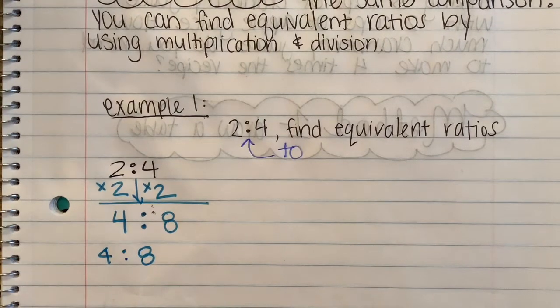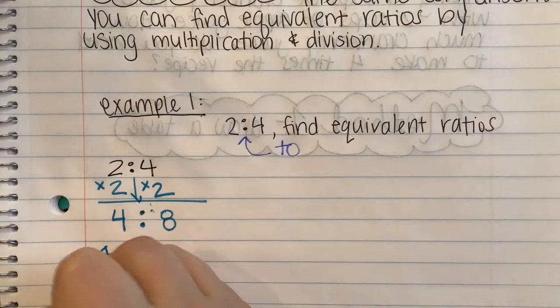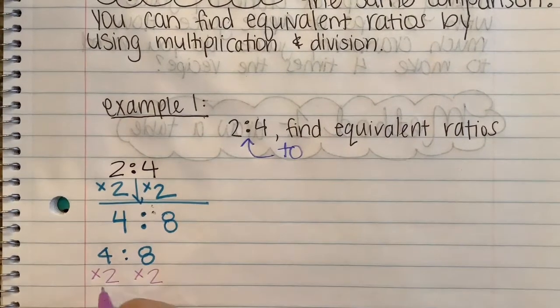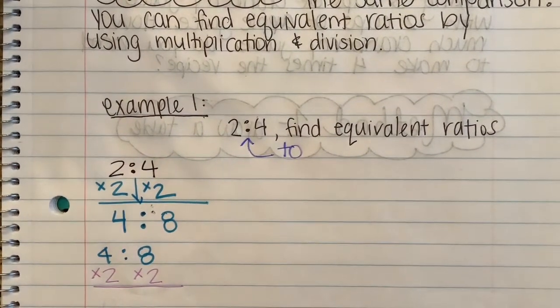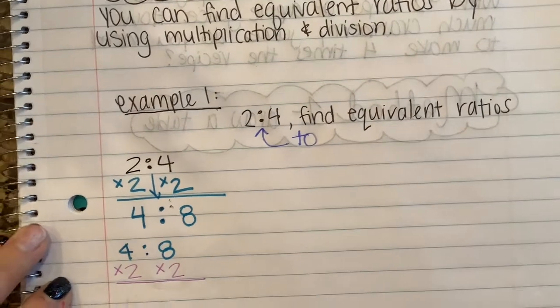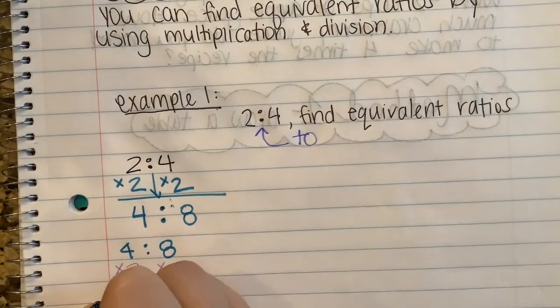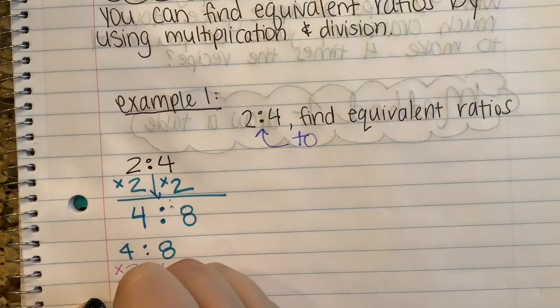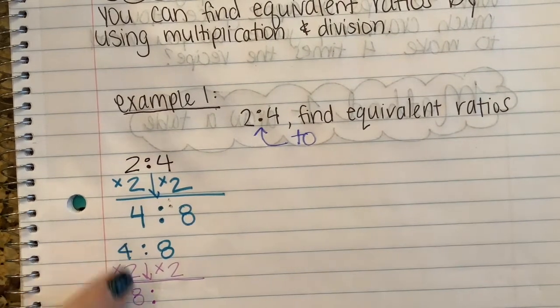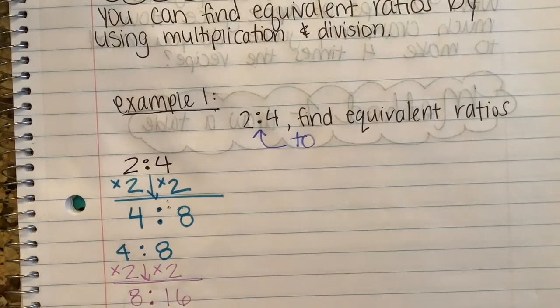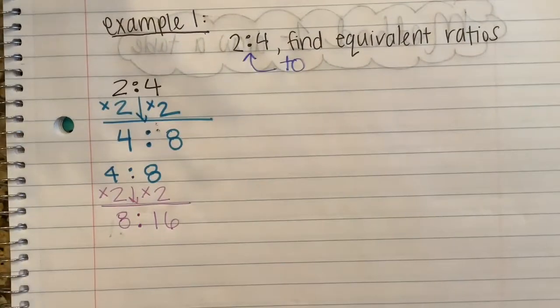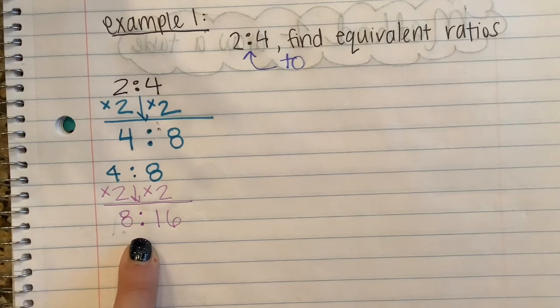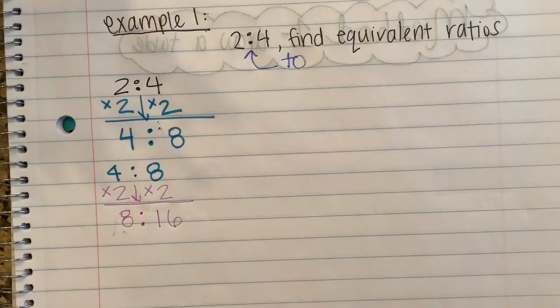And what if I multiply it by 2 on each side again? So on each side, I've multiplied by 2. 4 times 2 is 8. I'm bringing down my ratio symbol for the word to, and 8 times 2 is 16. So I've just made another equivalent ratio, 8 to 16.